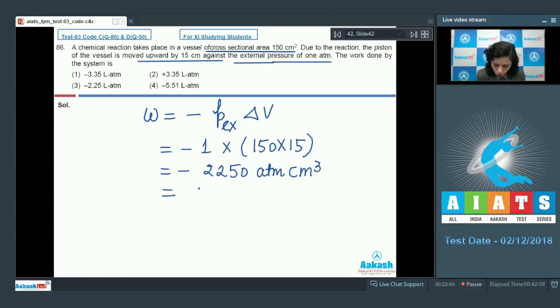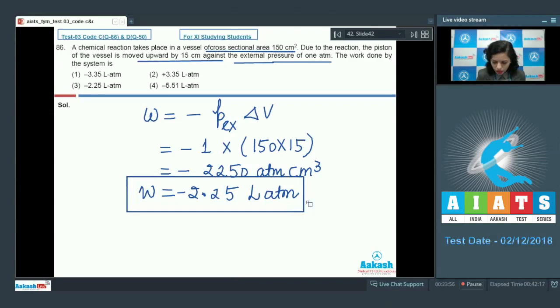Now we can also write it as 2.25 liter atmosphere. Now this is the negative value and this is actually the work done that we have to calculate. Now on the basis of this, the correct answer for this particular question is option 3, and that's why I'm choosing it as the correct option.